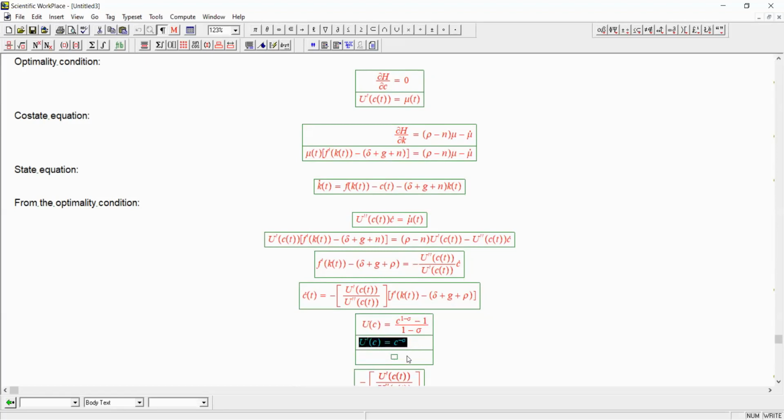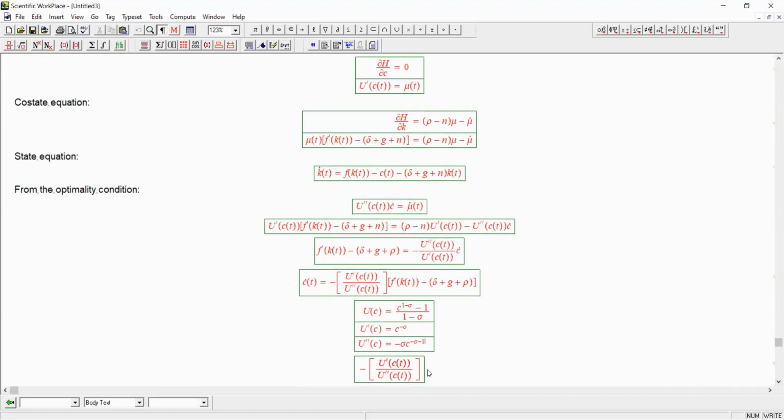What about the second derivative? The second derivative of u with respect to c, here we multiply by minus sigma and divide by c. So this whole expression equals minus this divided by this.